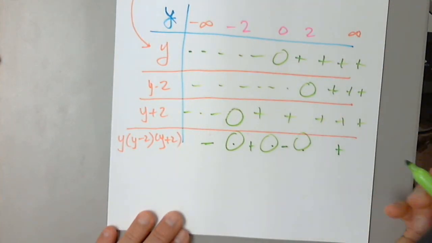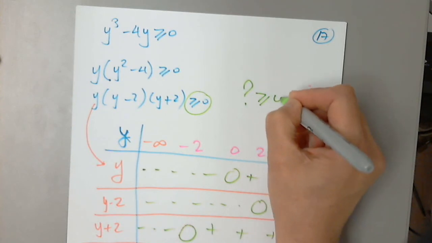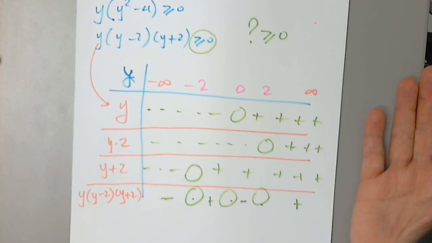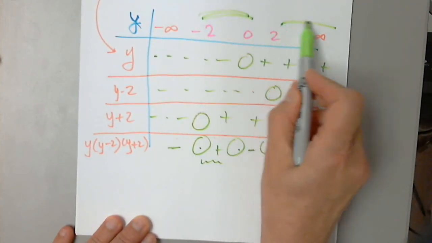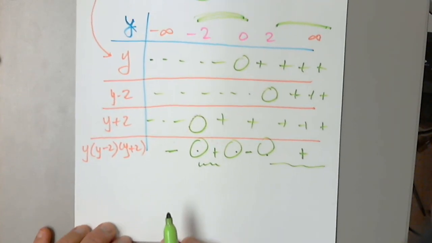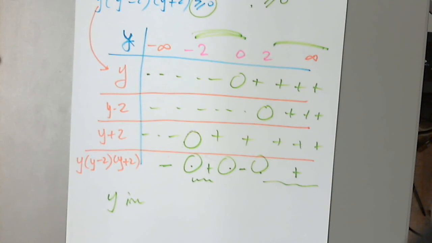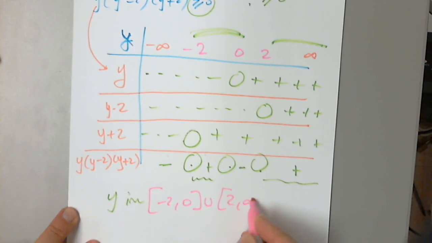And in the last one, nothing. This will tell me what I pick. Which sign is greater than or equal to 0? There is only one sign that is greater than or equal to 0. Positive. So y is in the interval. That's it.